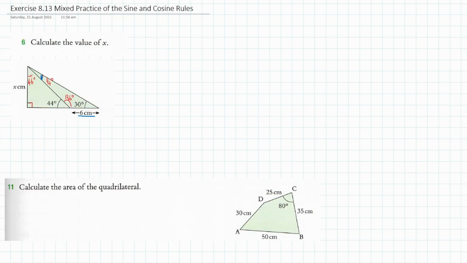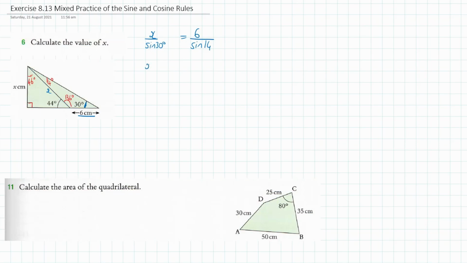And if I want to find this side here, which will help me in my next part of the equation, then this is my opposite angle. So let's pair those up. X over sine 30 should be equal to 6 over sine 14.